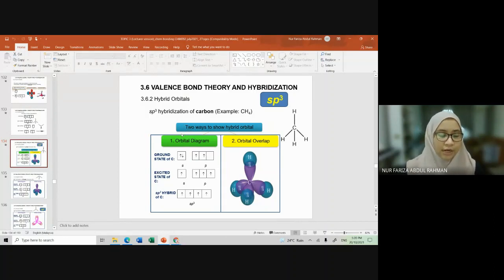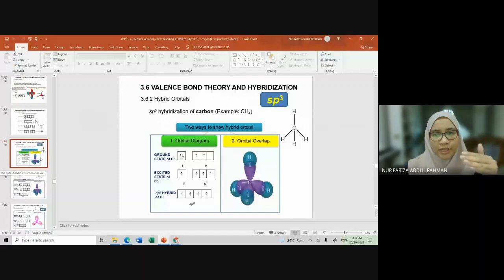All right. So just to highlight, I have made some rearrangement of the slides because I feel that it's very important for you to better understand the hybridization. Sebab nak bagi dia nampak structure teratur.